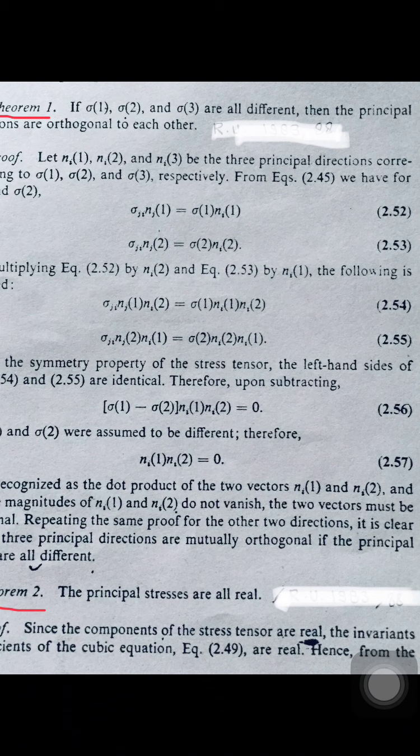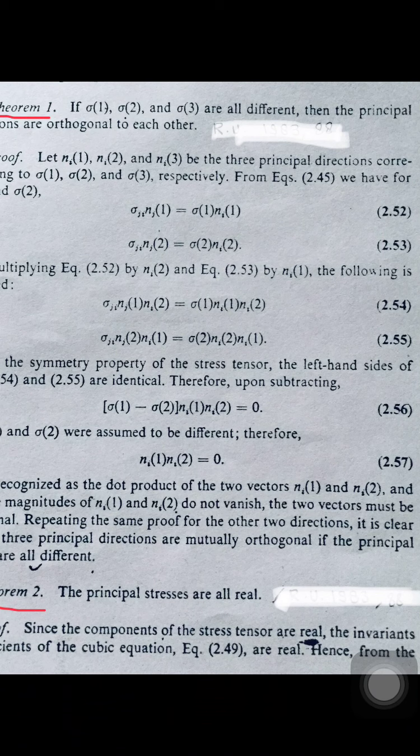Due to the symmetry property of the stress tensor, we know that the stress tensor is symmetric, meaning sigma ji can be written as sigma ij. So the left hand sides of equations 2.54 and 2.55 are identical.